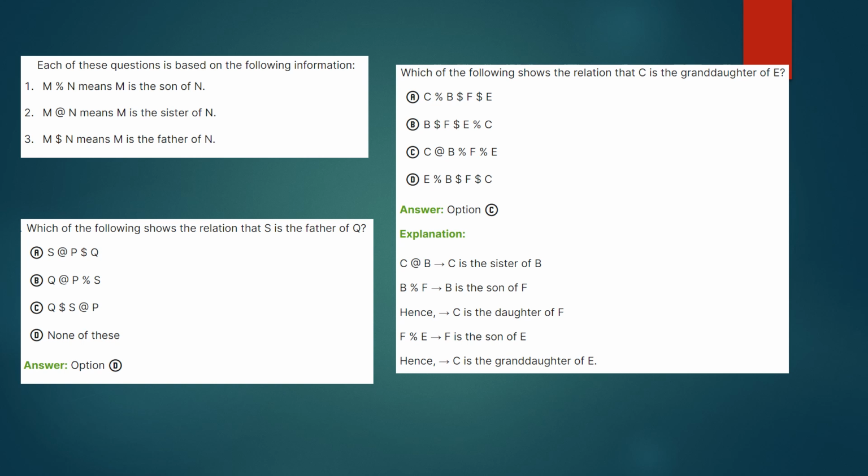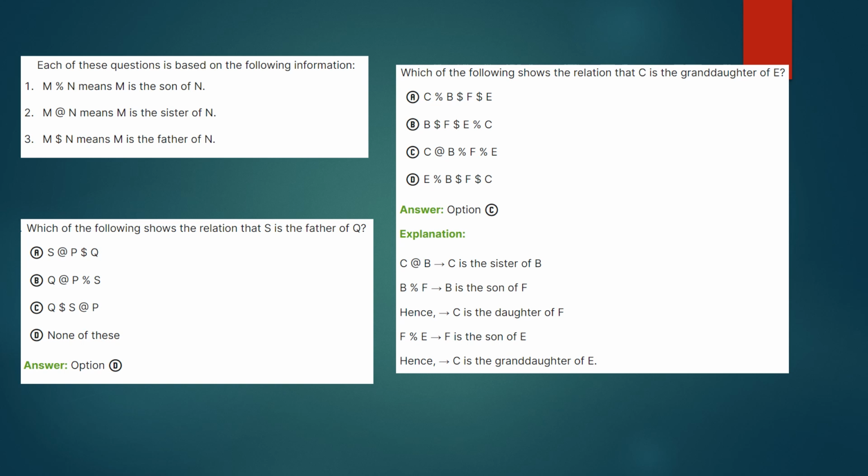Then you have to take each and every option, try to apply the above three description links, and then try to find out which option is giving you the answer. Suppose I'm starting here with an option of S at the rate P. S at the rate P means S is the sister of P. Now P is linked with Q with the dollar sign.